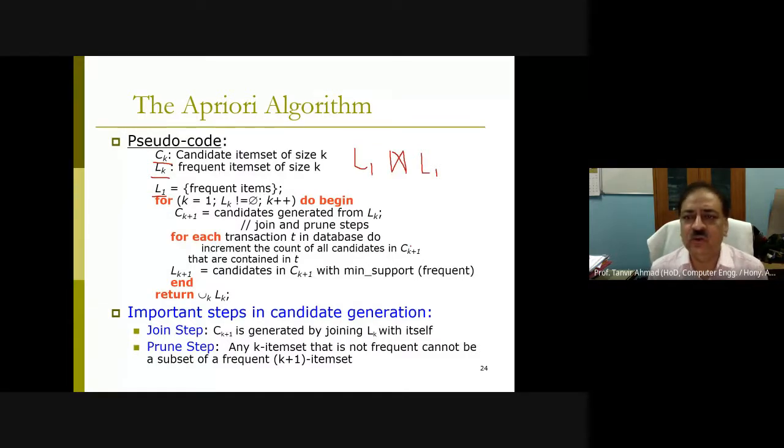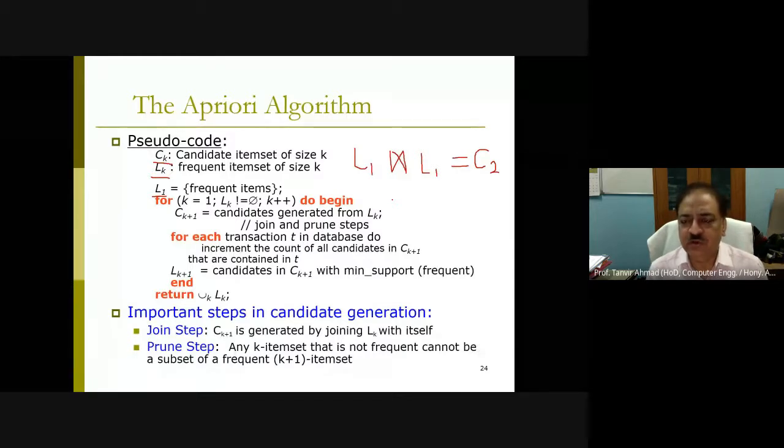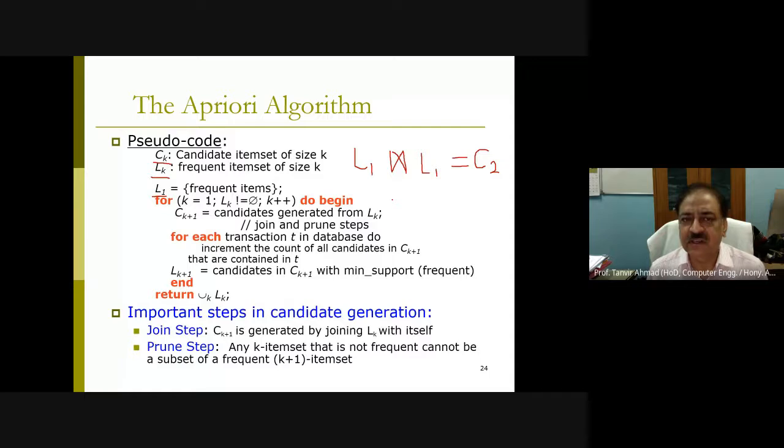Once you do that, you will get C2. And with C2, again scan the database to check which itemsets are frequent. I start pruning if they are not. And what I am left with, I will write as L2. And again I will make a join with L2 and generate C3.